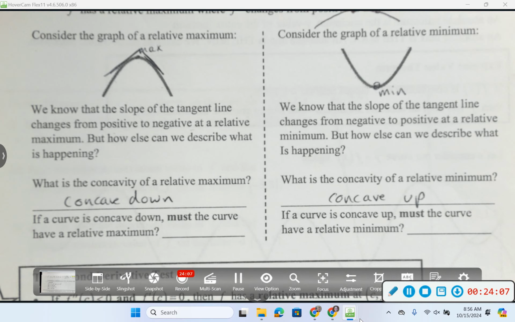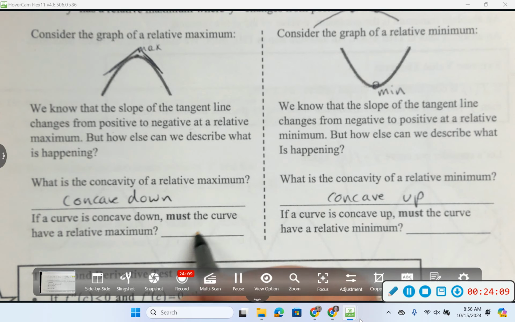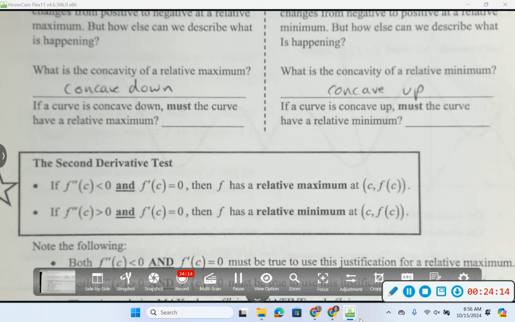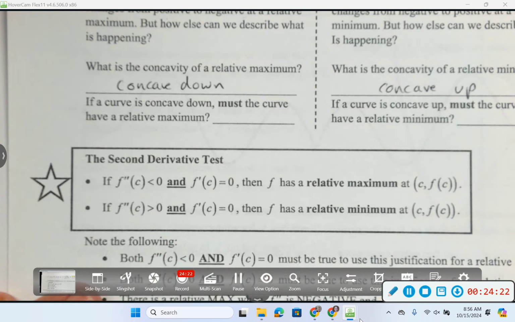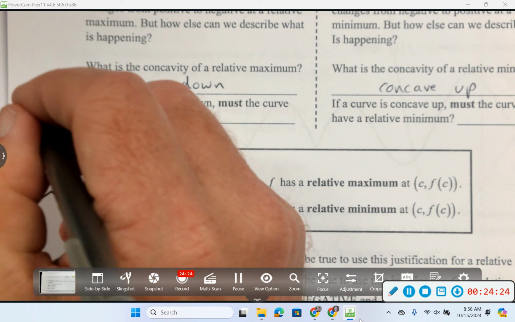See, if a curve is concave down, must the curve have a relative maximum? This is a tricky question. Well, this is a misleading graph. I could draw a concave down graph that just looks like this.